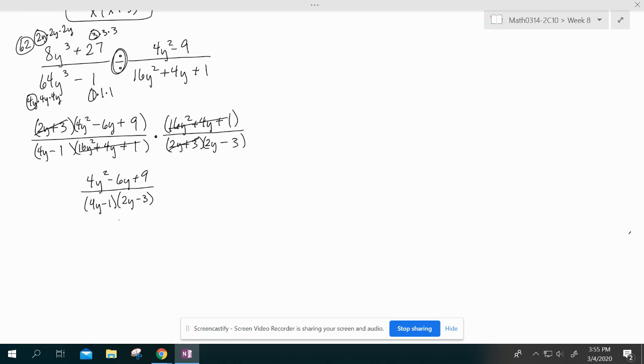The trinomial that comes from a cube will never factor. It's always going to be prime, so you don't have to worry about factoring that. Can you say that one more time? The trinomial that comes from a sum or difference of cubes will never factor.